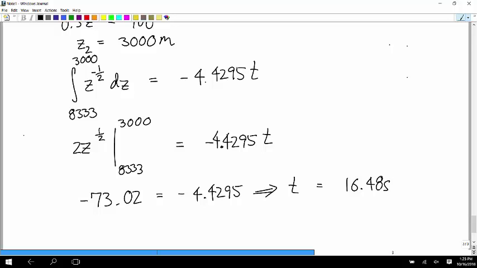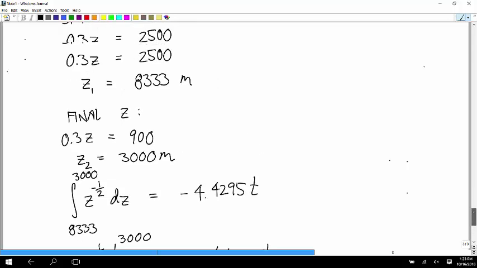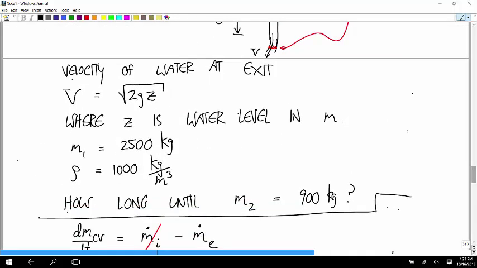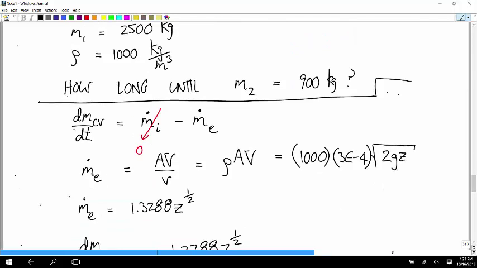But what you're trying to do, the overall picture, is you know that your governing equation is going to come from conservation of mass. And you're using the other relationships to plug stuff into your governing equation to the point that you can solve it.